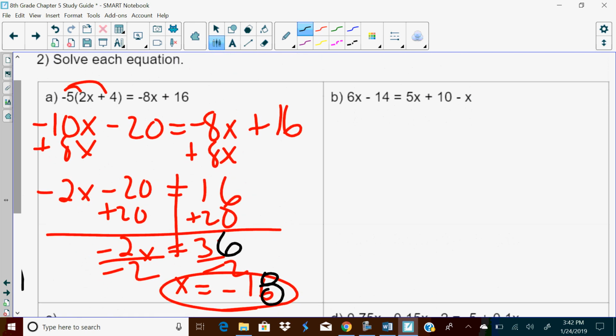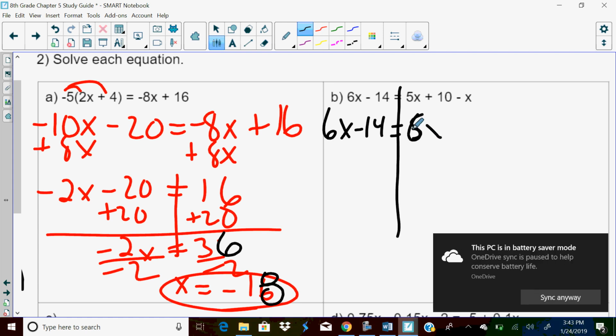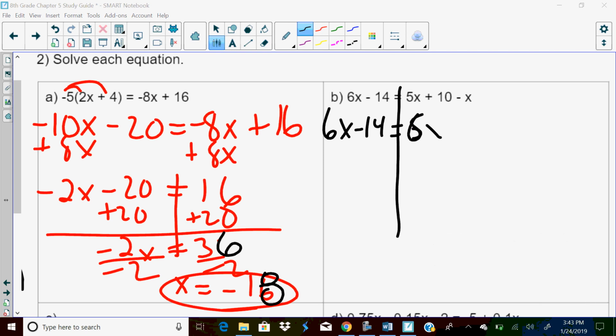For part B, first I'm going to combine 5x and minus x. So I get 6x minus 14 equals 4x plus 10, so I'm going to subtract 4x from both sides.